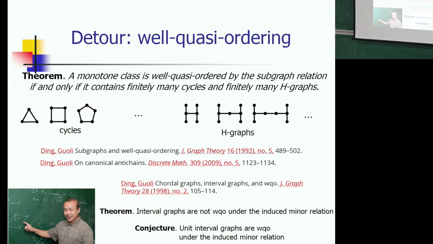By the way, if you look at the construction of the anti-chain for the induced minor relation presented in this paper, you will see that inside this construction, encoded in some clever way, you find the H graphs. And the same story actually happens in some other publications.